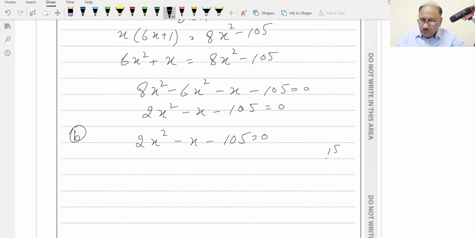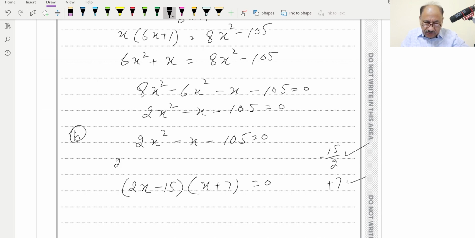So 15 over 2 and minus 7 will change sign, so it will be 2x minus 15 from the first one, and from the second one I will write x plus 7 equal to 0.